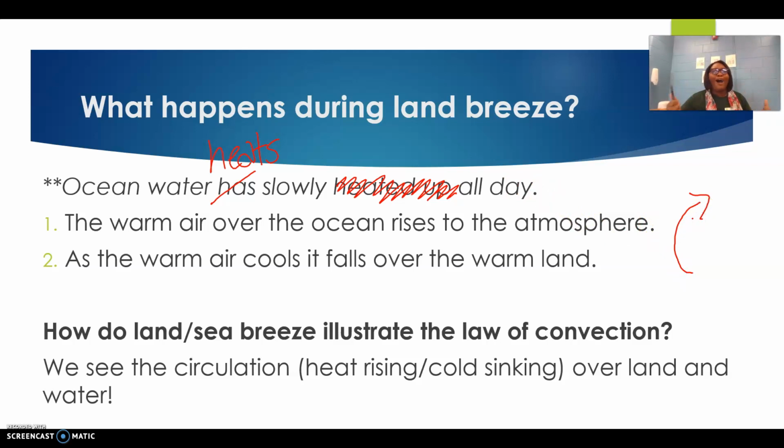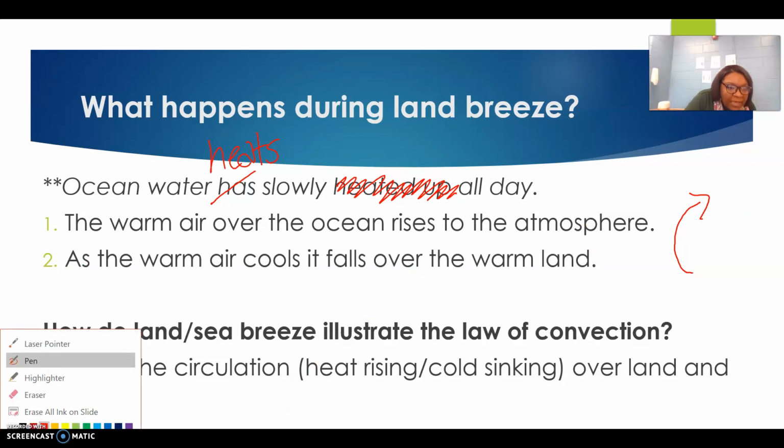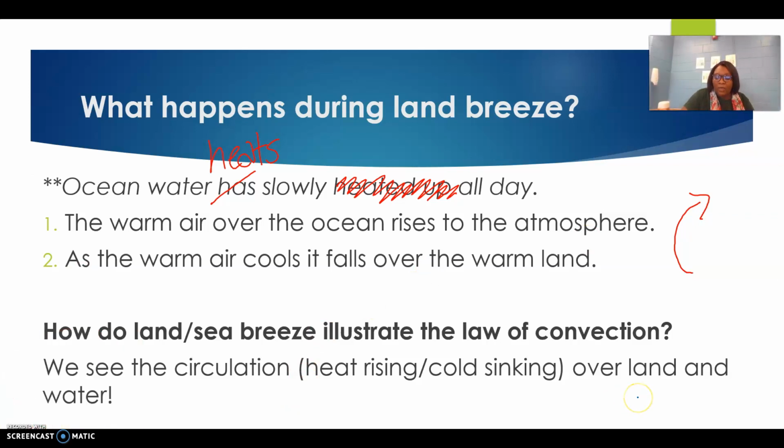Yes, we're going to see the law of convection, circulation of winds happening. And we're going to see that cool air fall over that, well, the hot air is going to now go over and it's going to fall into the ocean, and the warm air from the ocean will now heat that super cooled land.